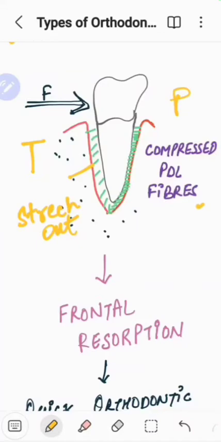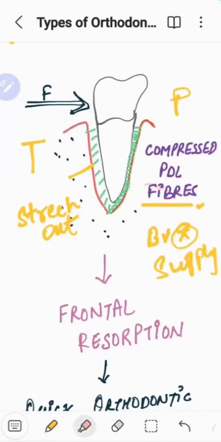In light continuous forces, the PDL fibers are compressed, but there is no occlusion of the blood vessels. The blood vessels are not completely occluded, hence the blood supply is maintained, which leads to osteoclastic and osteoblastic activity on the pressure and tension sides of the tooth.